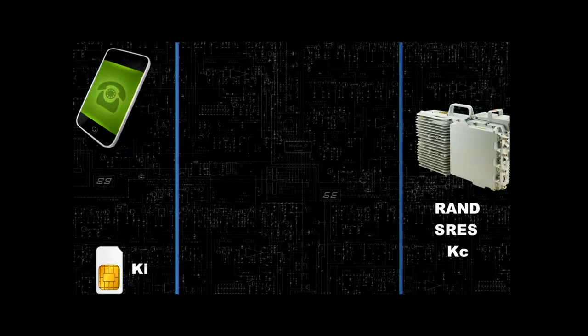So we have the phone and we have the base station. On the SIM card you have the key, which is not extractable and which is used for identification. On the operator side, a triplet is generated: a random number, the response, and the encryption key.